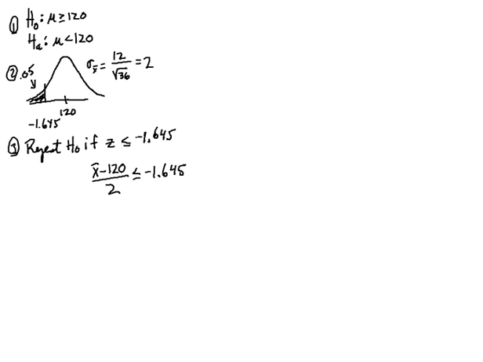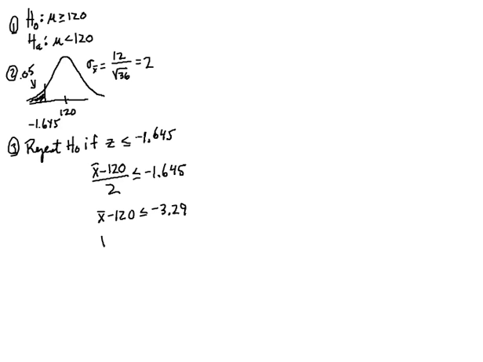And now I'm going to solve this for the x bar. So I'm going to multiply both sides by 2. So I got x bar subtract 120 is less than or equal to negative 3.29.